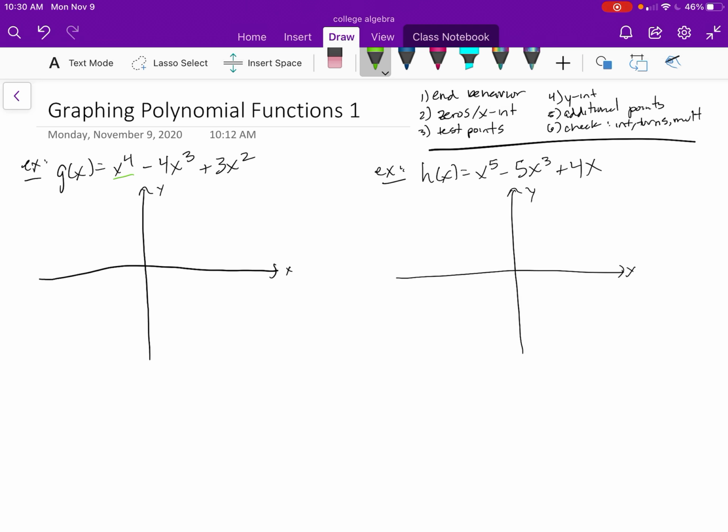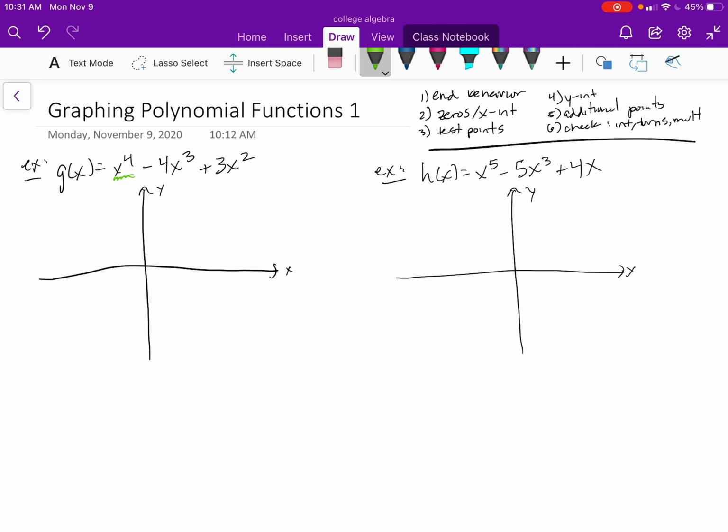And the idea of that is because the larger the exponent in a polynomial, this has the most effect when our values get extremely large or extremely small. When I say extremely small, I mean tending towards negative infinity, and extremely large tending towards infinity.